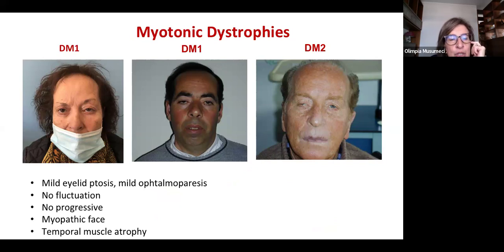There is no fluctuation, it is usually not progressive, and it is associated with a myopathic face with temporal muscle atrophy, as you can see in this patient and in this one. In particular, we know that in myotonic dystrophy there is an involvement of the distal muscles of the forelimbs and extra-muscular involvement with other symptoms, from diabetes to cardiac involvement, and so on.